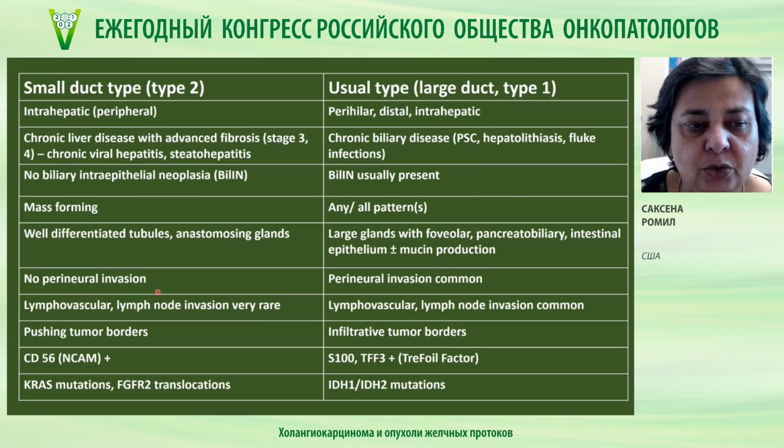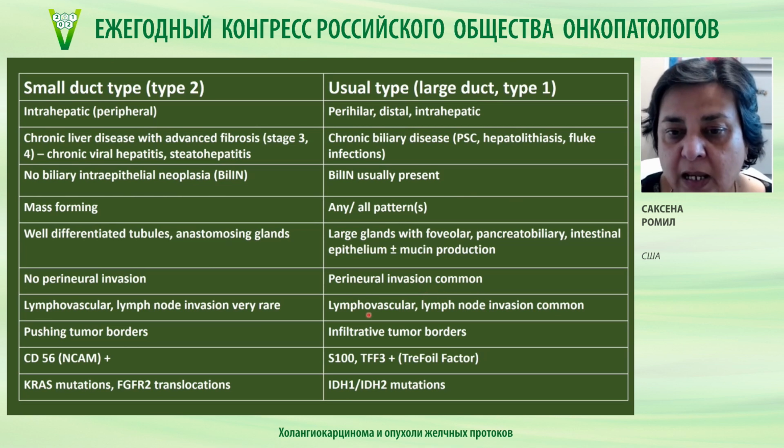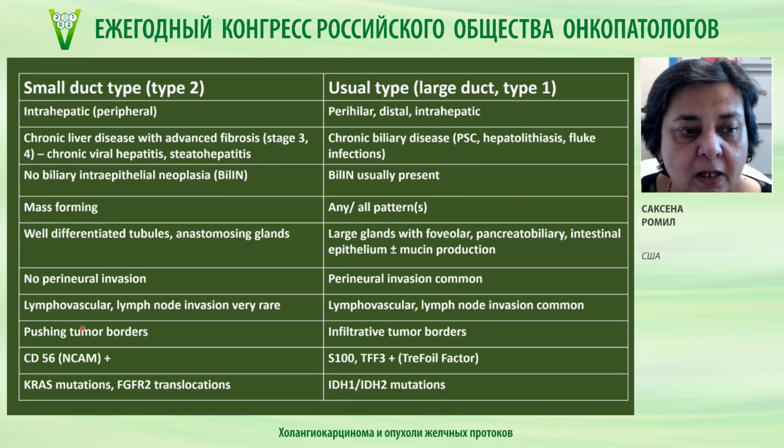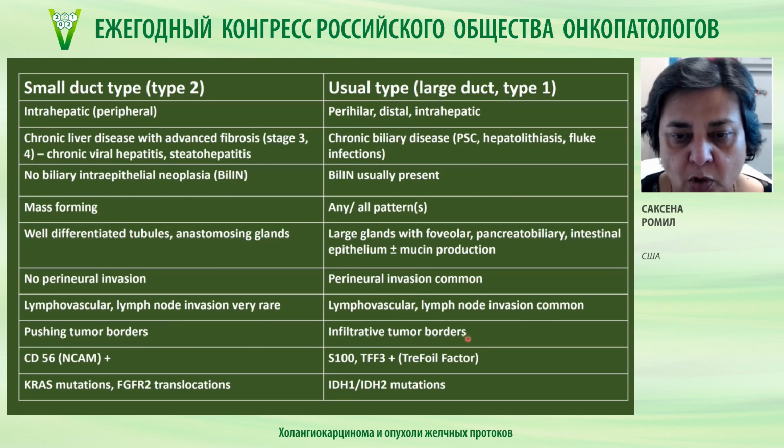There is no perineural invasion in the small duct type, and lymphovascular and lymph node invasion is very rare. Whereas in the large duct type, perineural invasion is very common and lymphovascular and lymph node invasion is commonly seen. The small duct type shows pushing tumor borders, whereas the large duct type has infiltrative tumor borders.